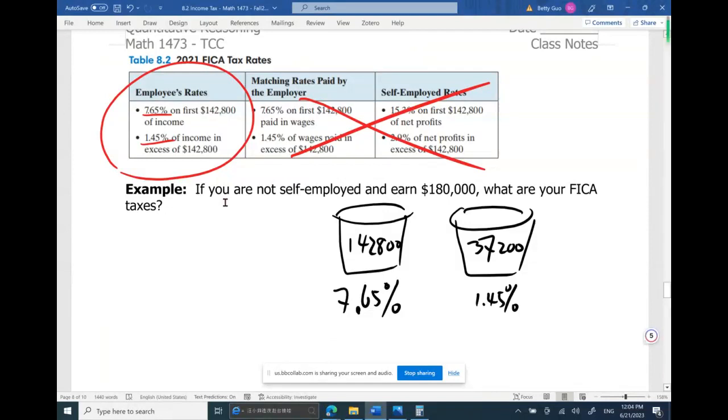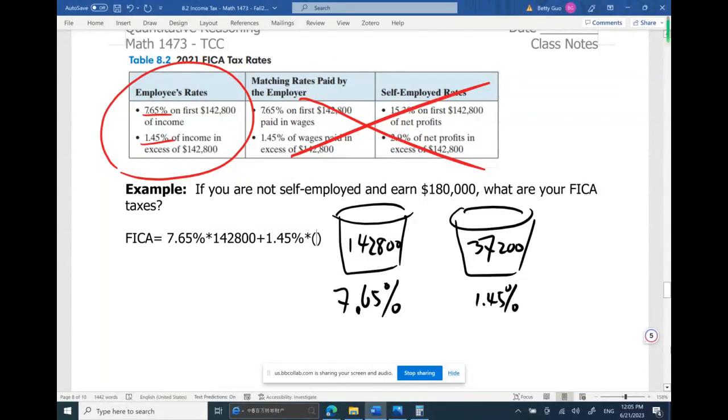All right, so the expression we are going to have is your FICA. All of them are capitals. FICA is going to be 7.65% multiplied by $142,800, plus 1.45% multiplied by the rest of your gross income.